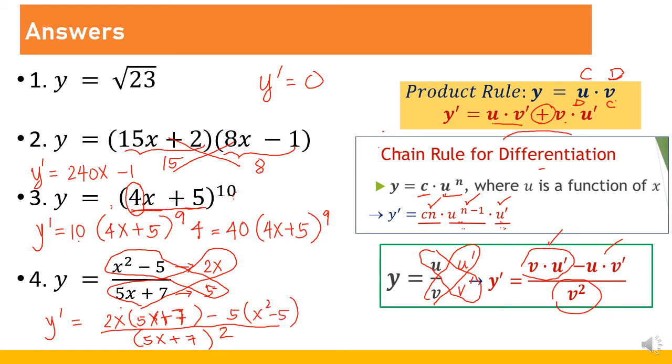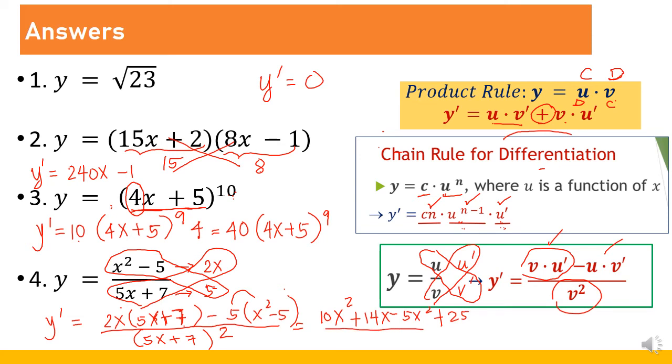Okay, so if you simplify this, you'll get 10x squared. The numerator gives you 10x squared plus 14x. And then for this one, you have minus 5x squared plus 25.